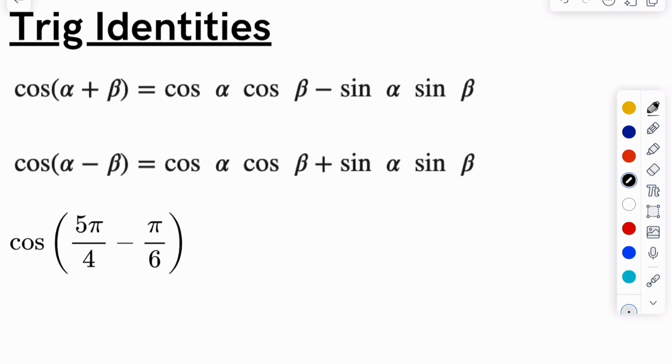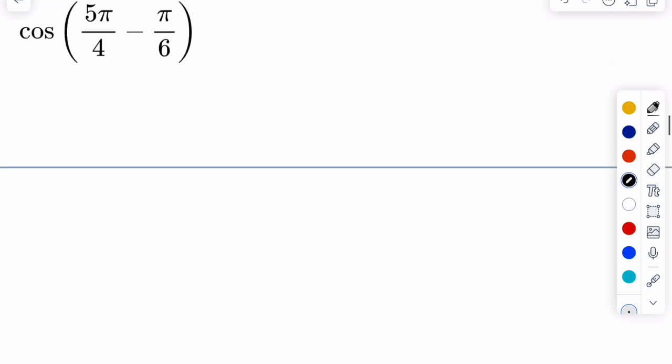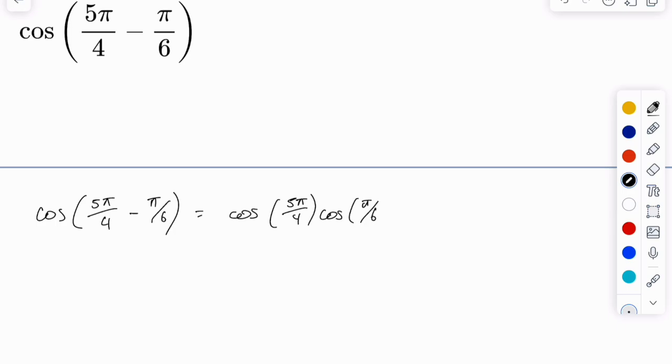So cos of 5 pi over 4 minus pi over 6 is going to equal cos of 5 pi over 4 times cos of pi over 6, plus sine of 5 pi over 4 times sine of pi over 6.